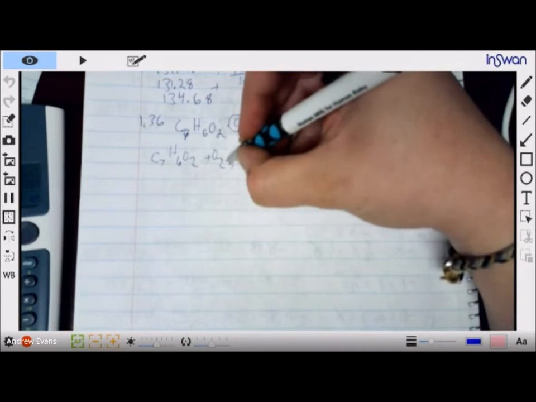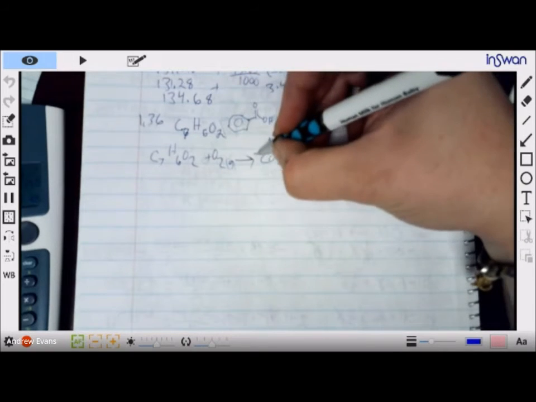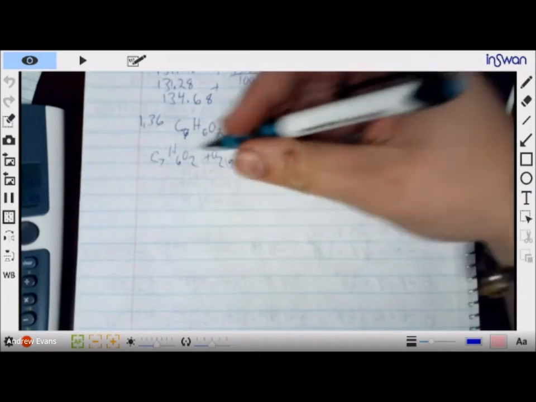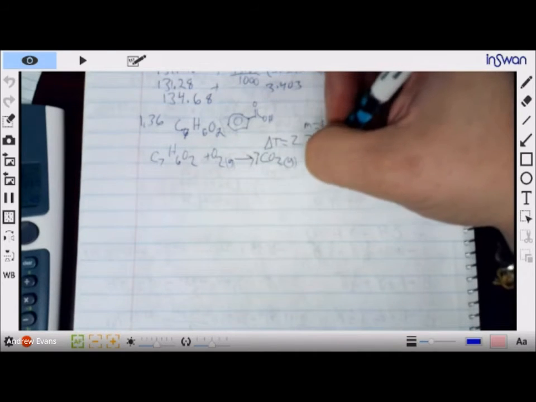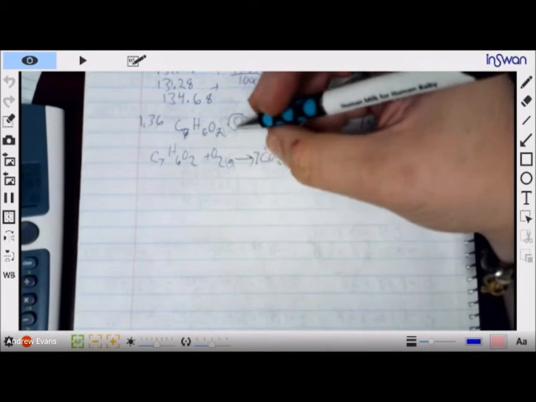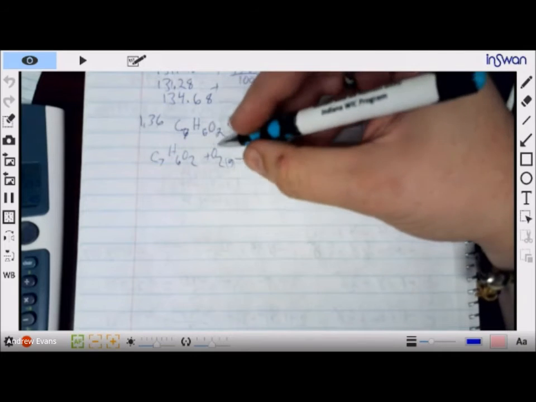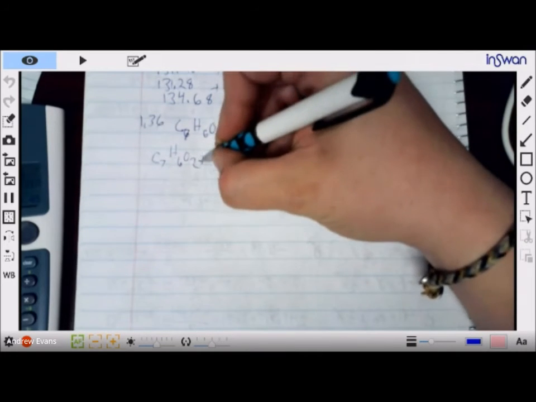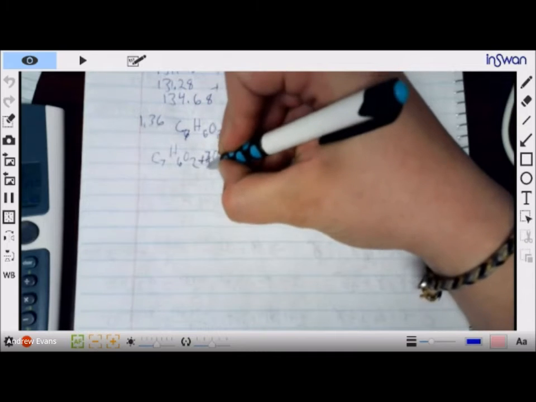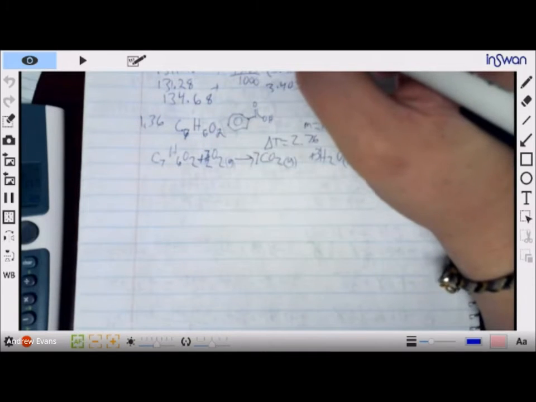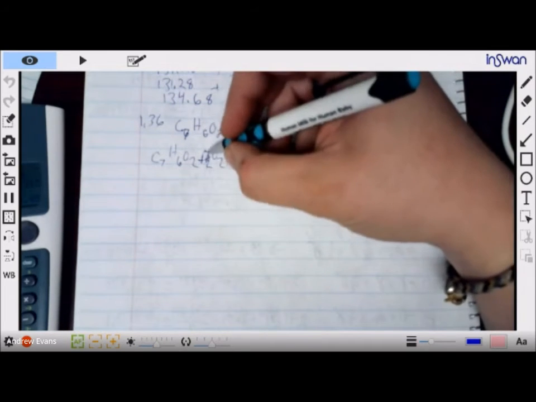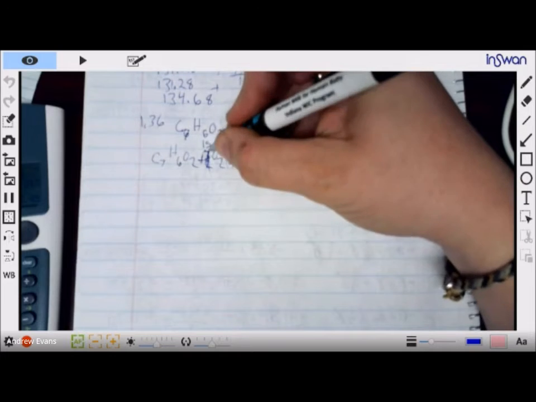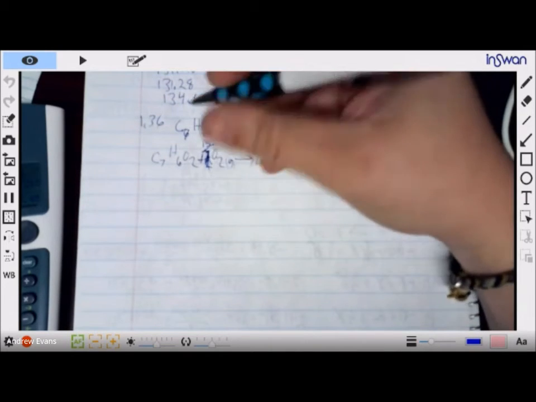So let me balance this: 7, 3, 14, 17, 15. So we can do that. 15 halves, yeah.